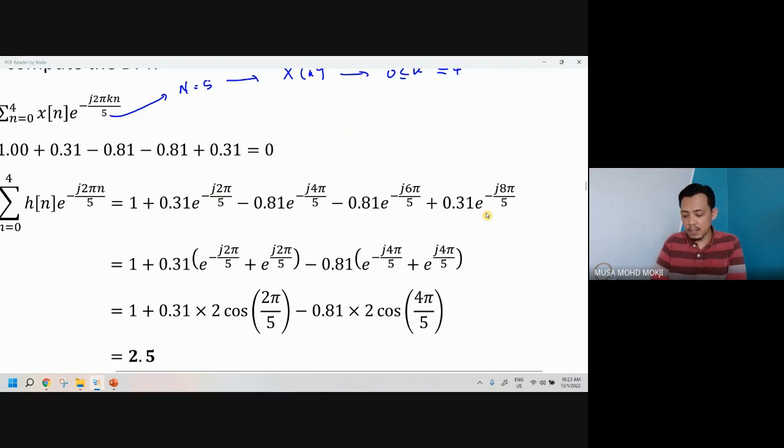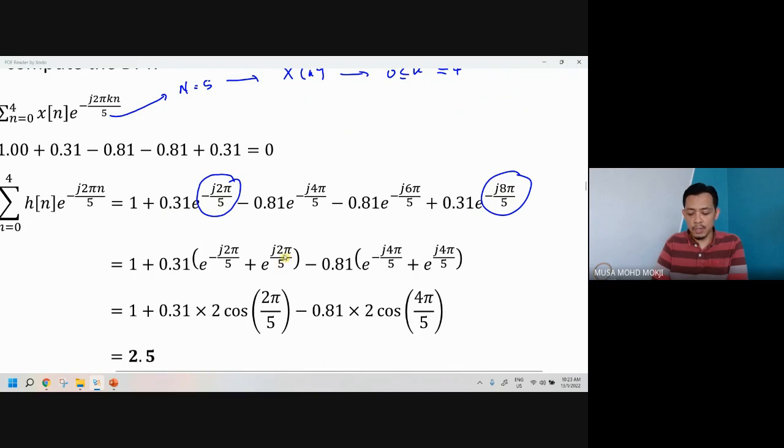Actually this is quite interesting, because if we look carefully, this one and this one, we can group it as this, because this is minus j2 pi over 5. No problem. And this is minus j8 pi over 5, which is actually equal to positive j2 pi over 5.